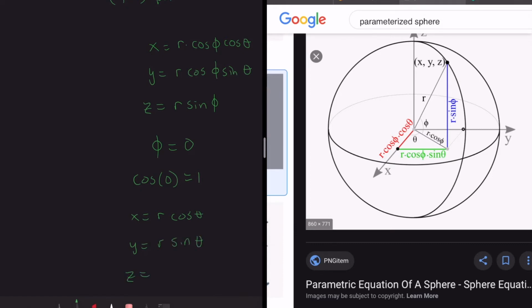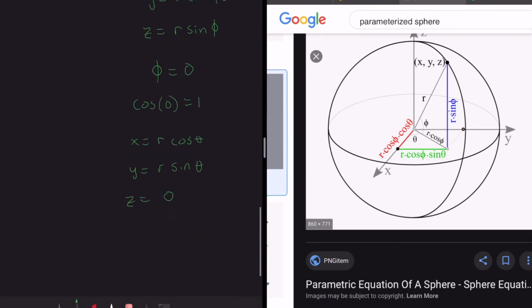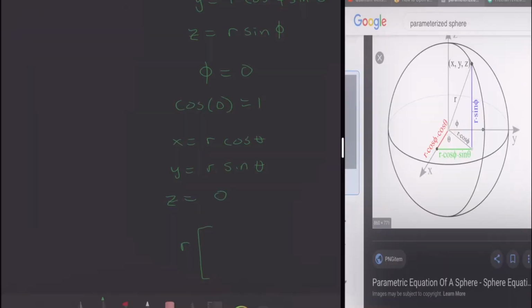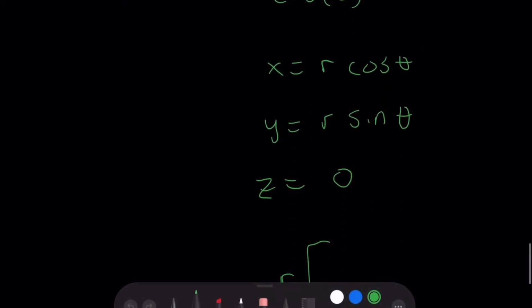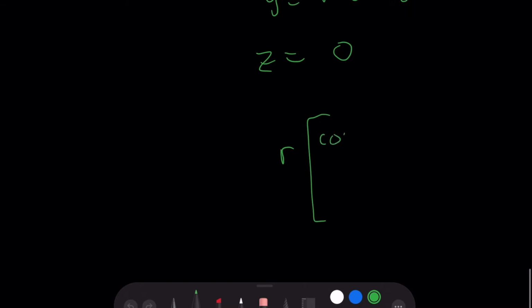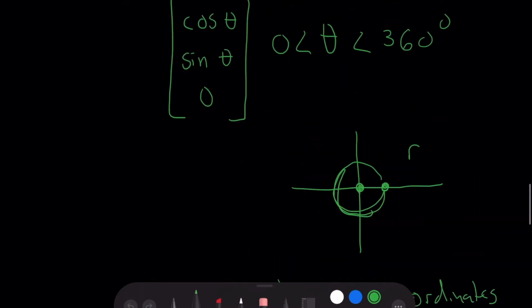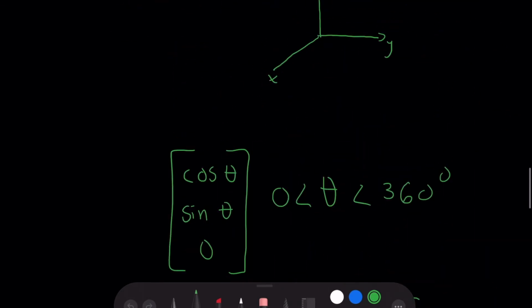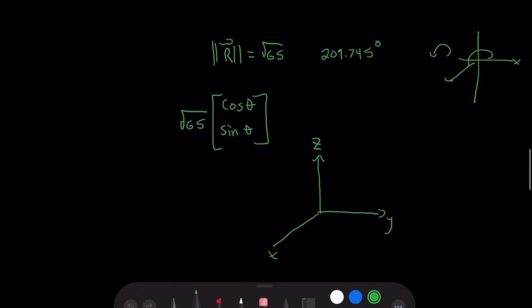Sine of 0 is 0, so that would just be 0. So what you would end up with is a vector that looks like this, if we're viewing it in 3 space.